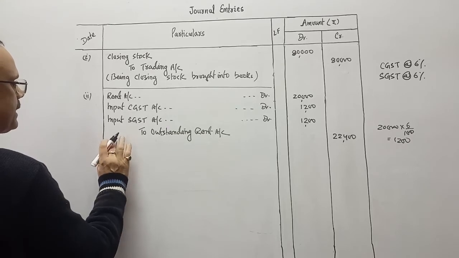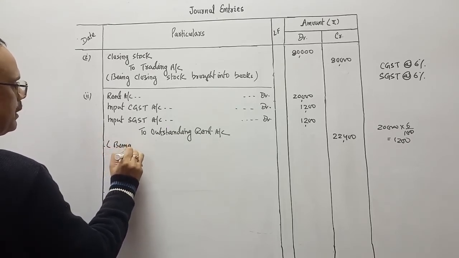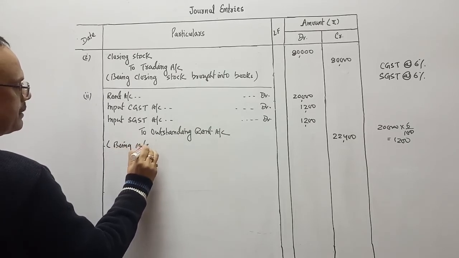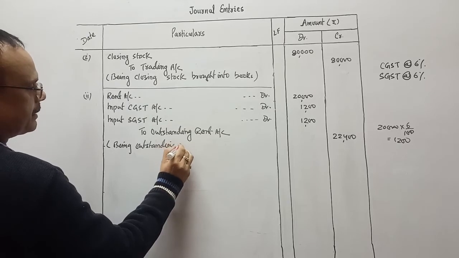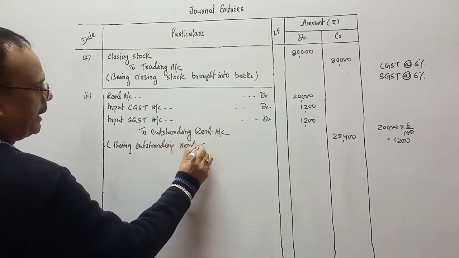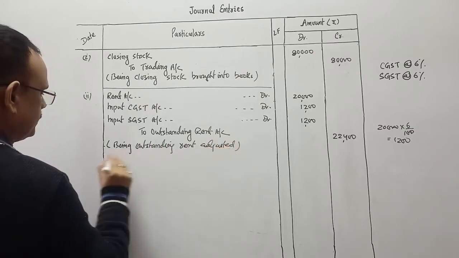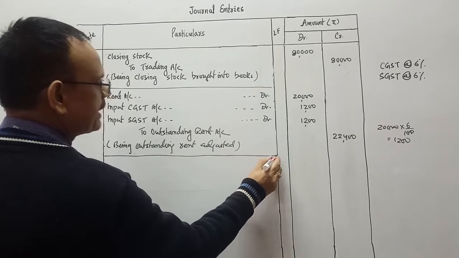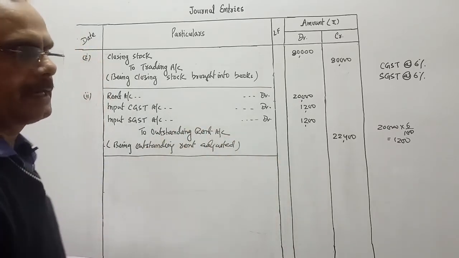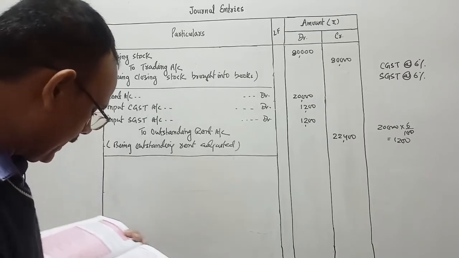Or you can also write: adjustment entry passed for outstanding rent.